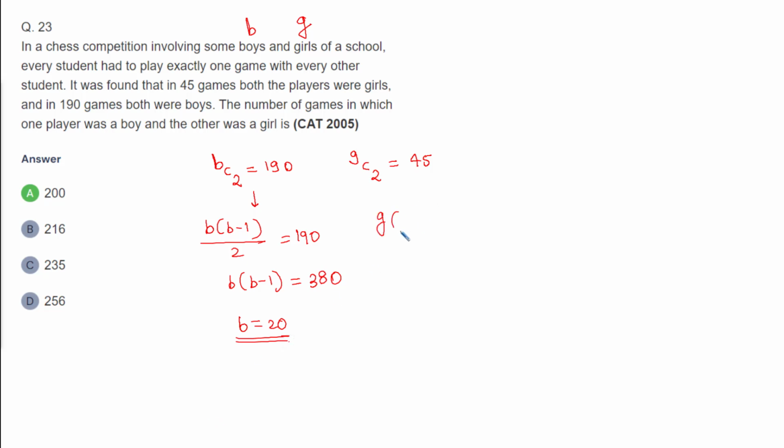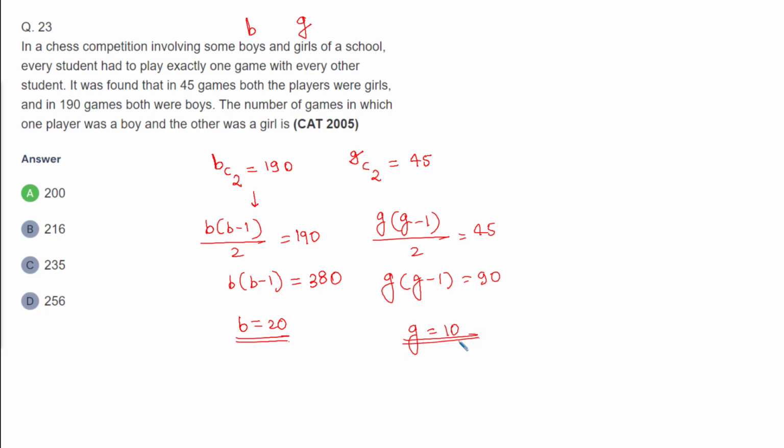Similarly, G into G minus 1 divided by 2 is equal to 45. So G into G minus 1 is equal to 90. So the value of G is going to be 10 over here.